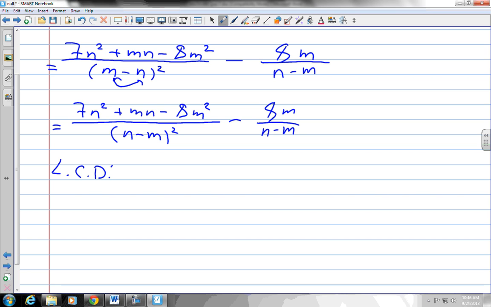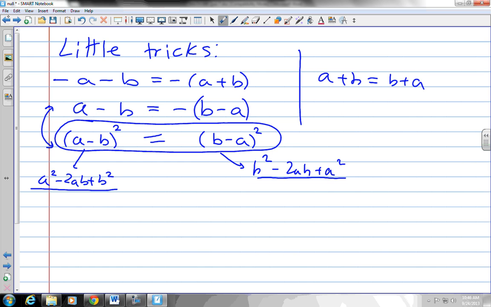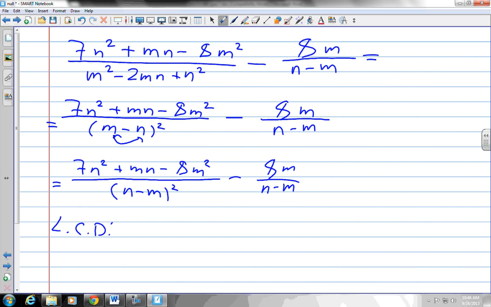So this allows me to find the LCD. That's what I was talking about before, that they're the same. If you flip around the minus, the sign changes. But the square kills that sign, so you're back where you started.